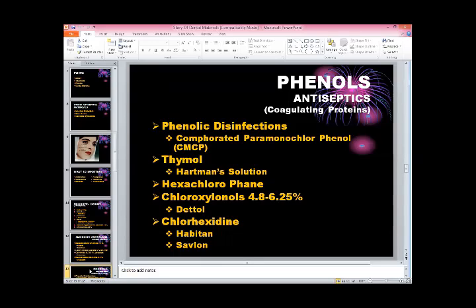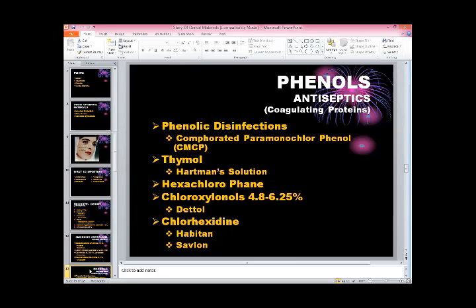But phenols are very strong antiseptics. It is effective against some viruses also, not all, but some viruses. And its quality is that they coagulate the proteins. Especially, we are making mouthwashes of this phenol group.